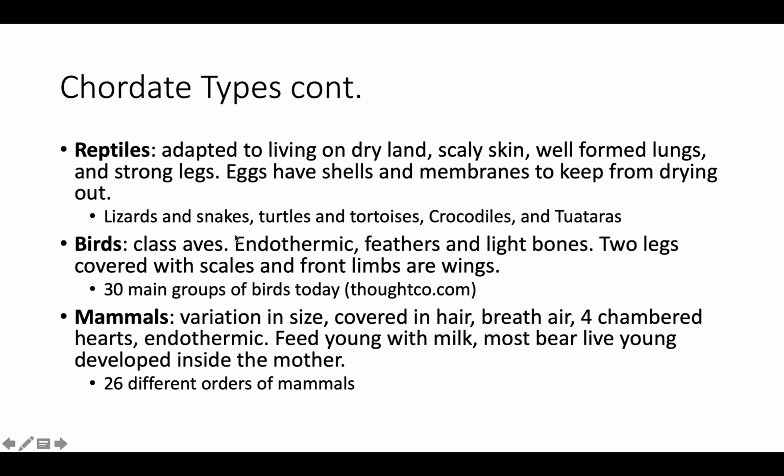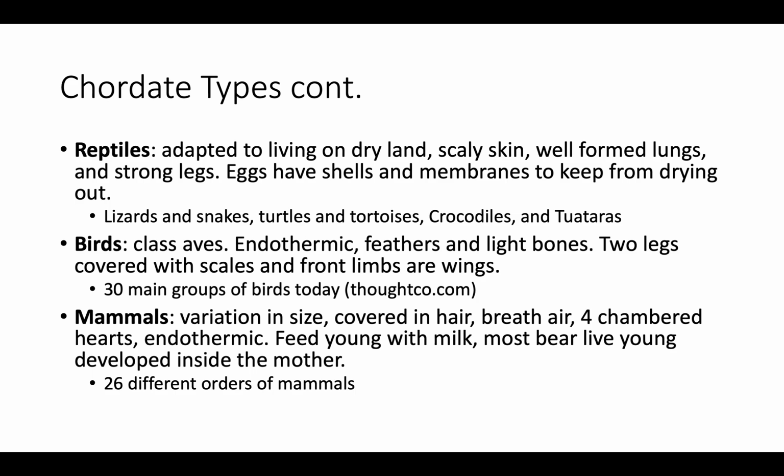Continuing with chordates, reptiles, birds, and mammals. Reptiles are adapted to living on dry land. They have scaly skin, well-formed lungs, strong legs. Here you get what is an amniotic egg, or amniotic sac. In humans, that's going to be the placenta, pretty much the amniotic sac.